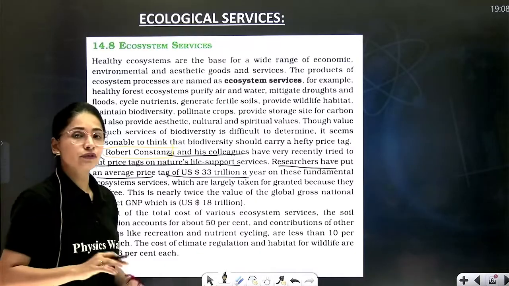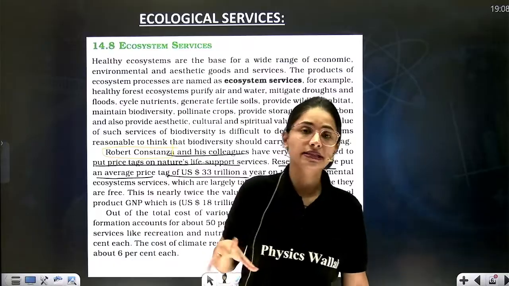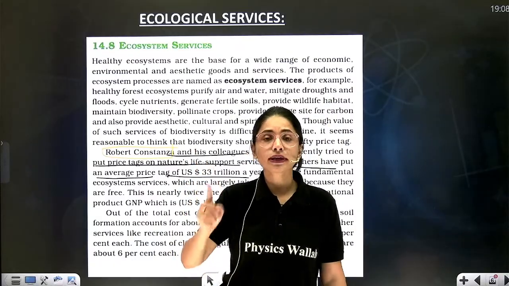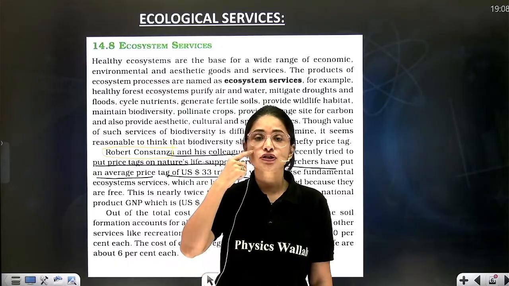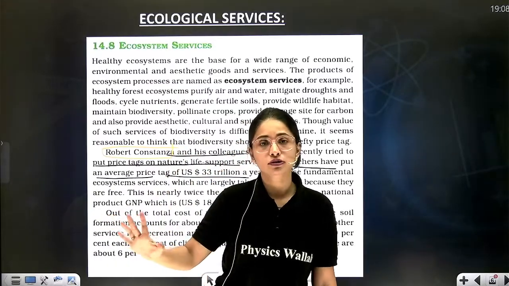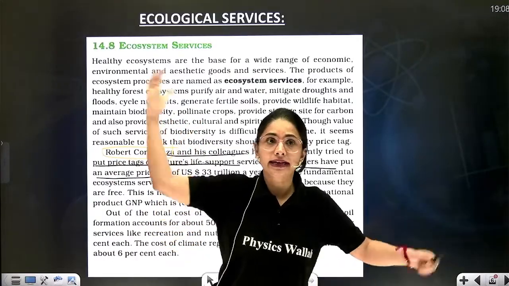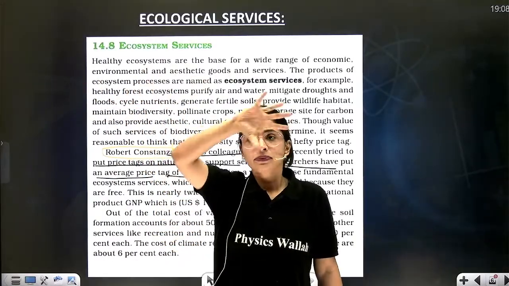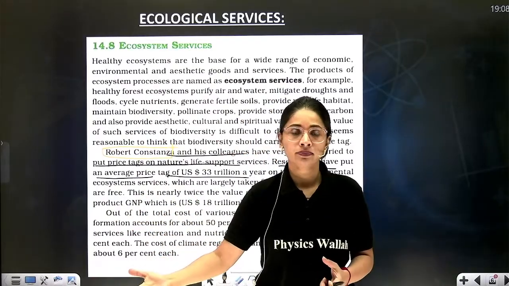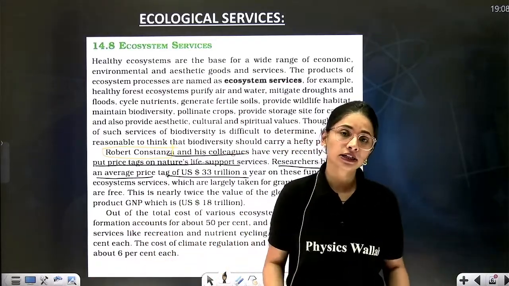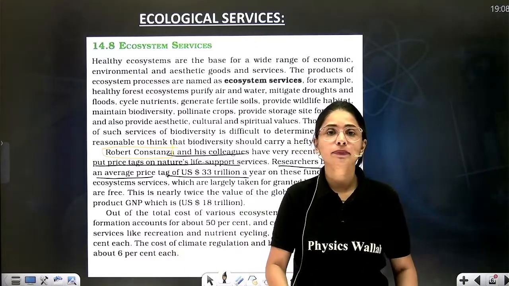That means if ecological services have to be paid off, then on a yearly basis we would have to pay 33 trillion dollars, which is almost twice, not thrice, sorry, twice the global GDP of the entire earth. The total amount of money generated on earth is only 18 trillion. And if we have to pay for ecological services, then it will be twice of that.